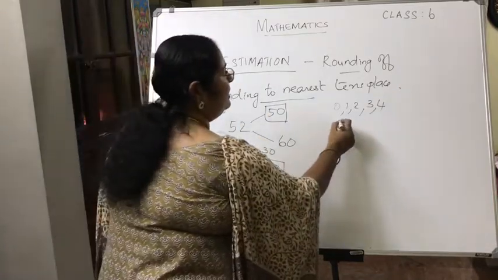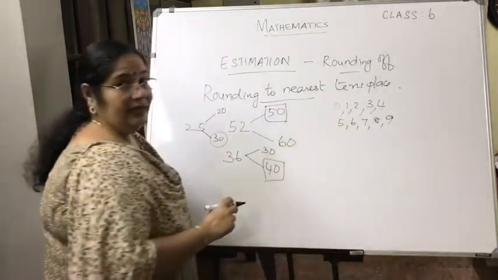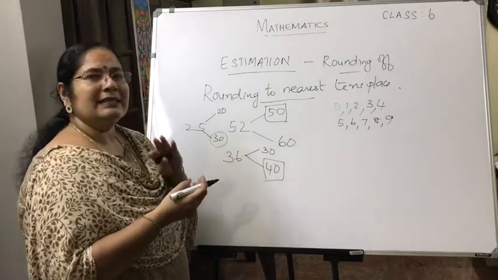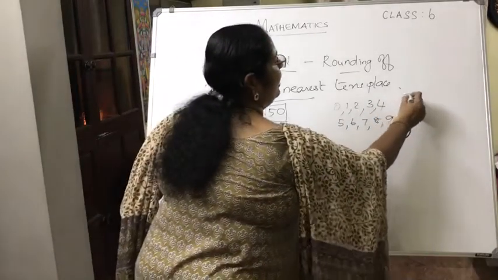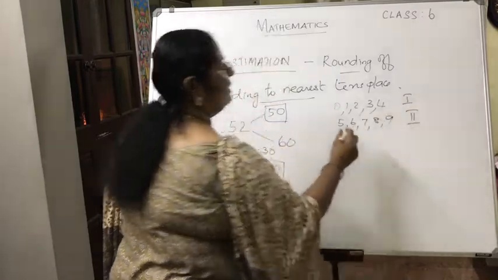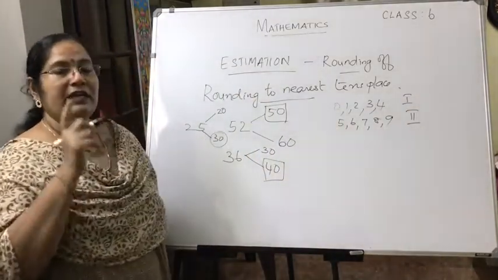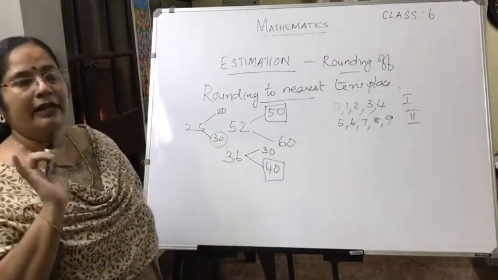Or if the digit is 5, 6, 7, 8 or 9, it forms another set. So for each of these sets the rule is slightly different. So this is group 1, group 2. Which are the digits coming in group 1? 0, 1, 2, 3 and 4. In group 2 which are the digits? 5, 6, 7, 8 or 9.